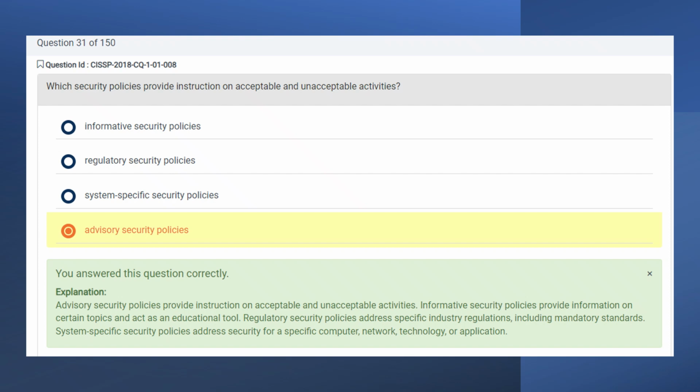Informative security policies provide information on certain topics and act as an educational tool. Regulatory security policies address specific industry regulations, including mandatory standards. System-specific security policies address security for a specific computer, network, technology, or application.